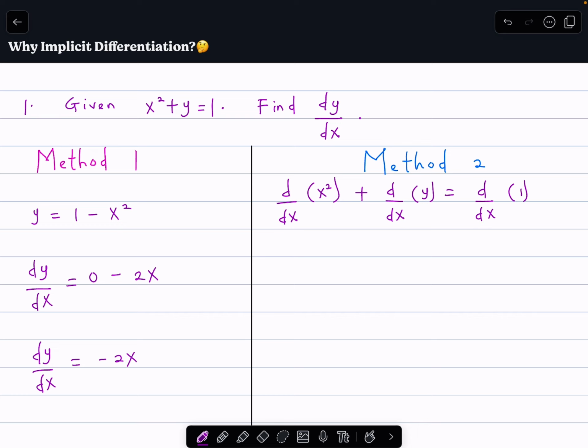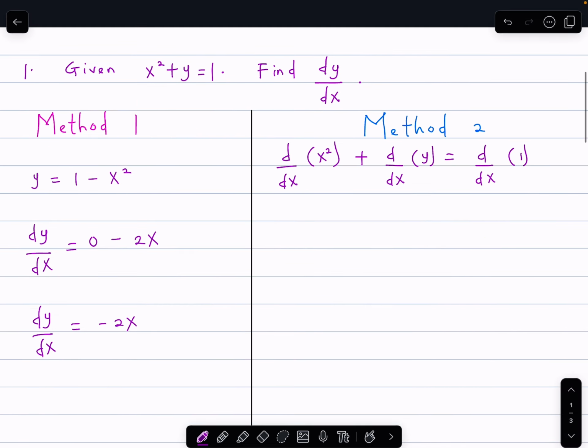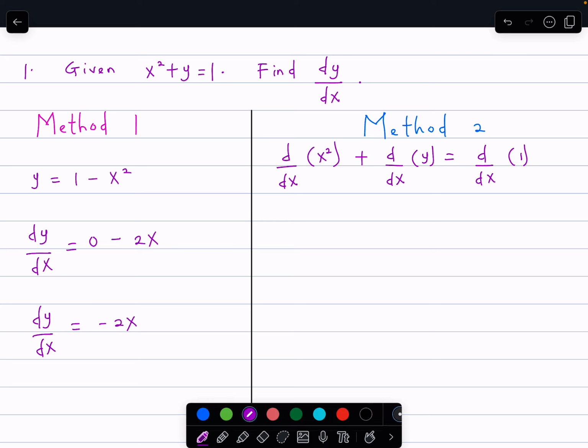In the first term, the variable with which we want to take the derivative is x, and the variable here is x, so I can easily just take the derivative, and I will have 2x. Plus, now if you look at this, the variable with which we want to take the derivative is x, and the variable here is y.